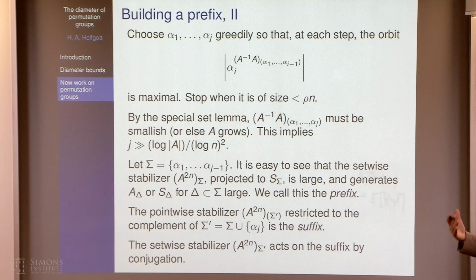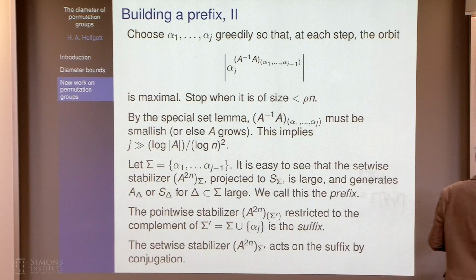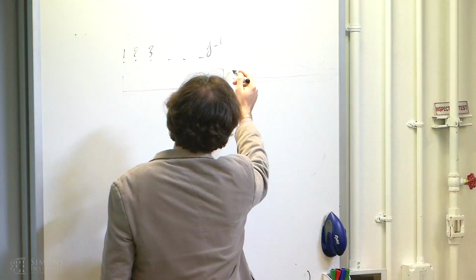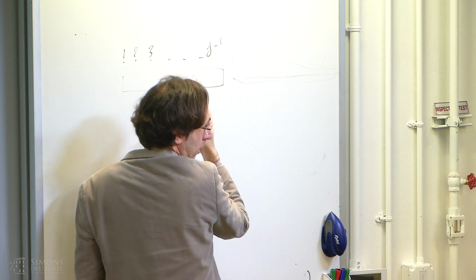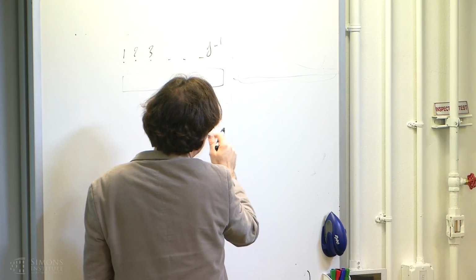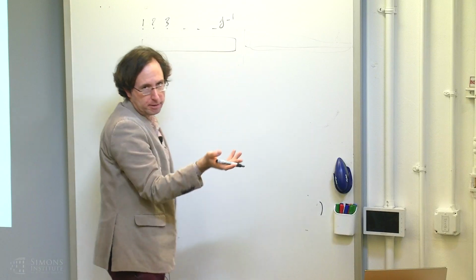It's really more about actions. It's not just about the action of a group on itself. It's how different subgroups act on each other or also act on spaces. In particular, here you have this set-wise stabilizer, so it sends a prefix to a prefix and a suffix to a suffix. Well, that set-wise stabilizer acts on the point-wise stabilizer by conjugation.